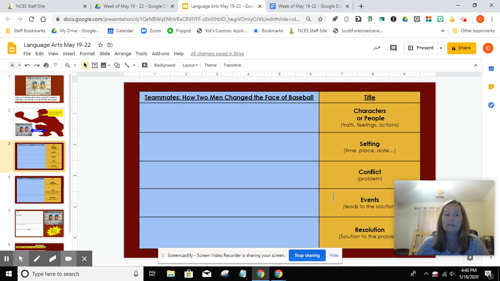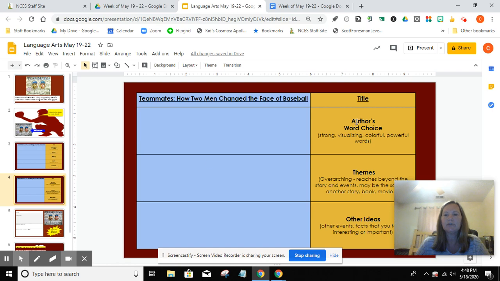So how is it being resolved, and what were those things that had to take place in order for it to be resolved? Then the next slide will answer questions such as the author's word choice, themes, and other ideas. So slides 3 and 4 are basically regarding the book in such format as a summary, given the information that you would include in a summary.